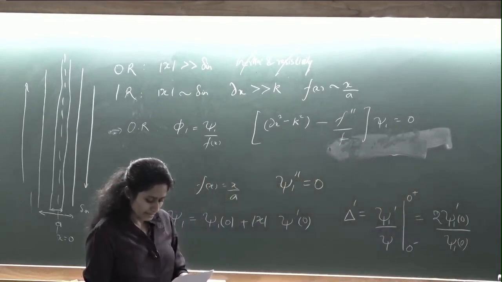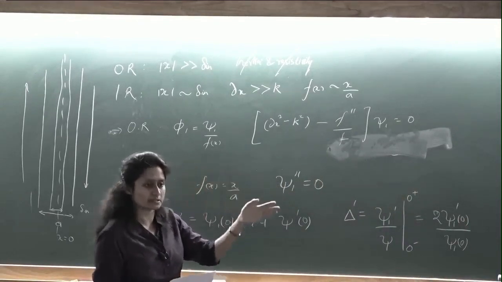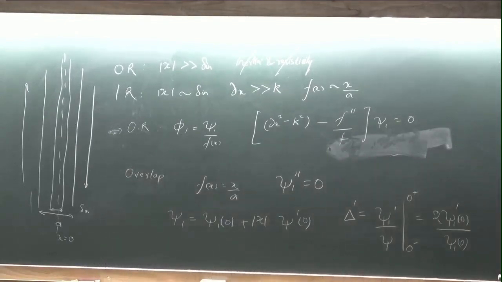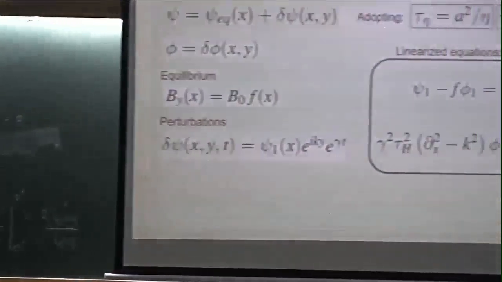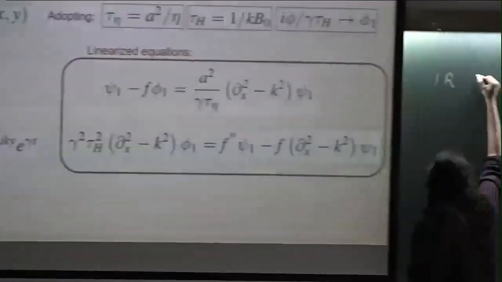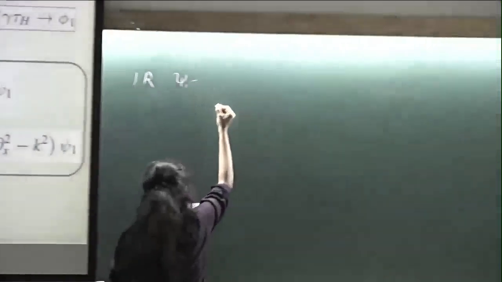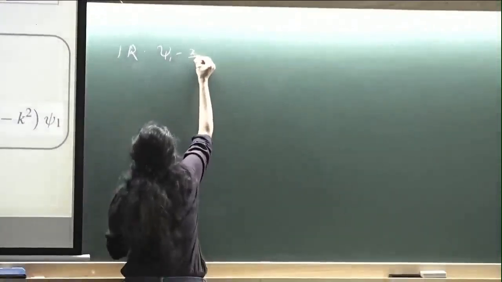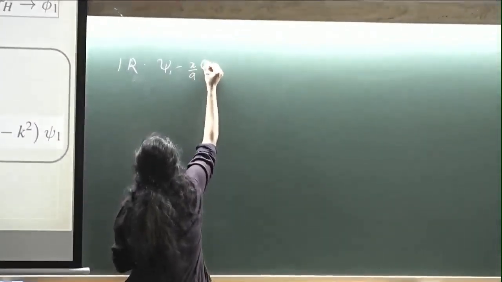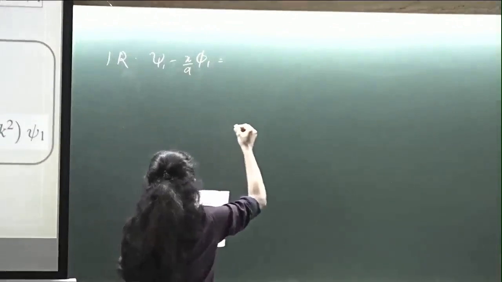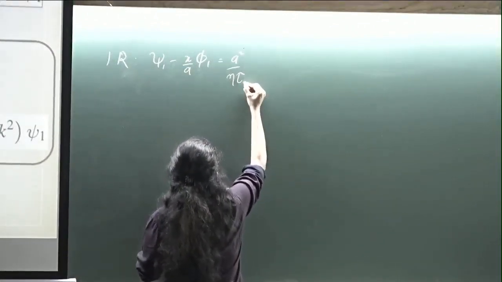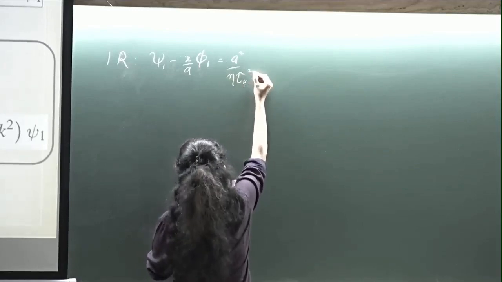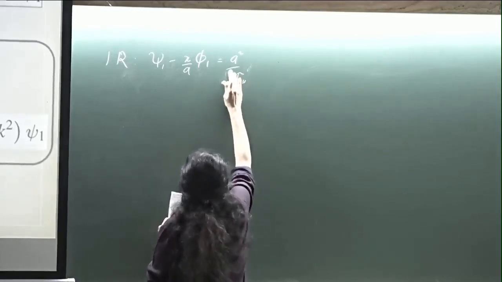Now I will write down the inner region equations, where I will keep all those terms that I neglected in the outer region. So in the inner region, I have psi1 minus x by a phi1 equals a square by eta tau h square, no, tau, okay, I messed this up.